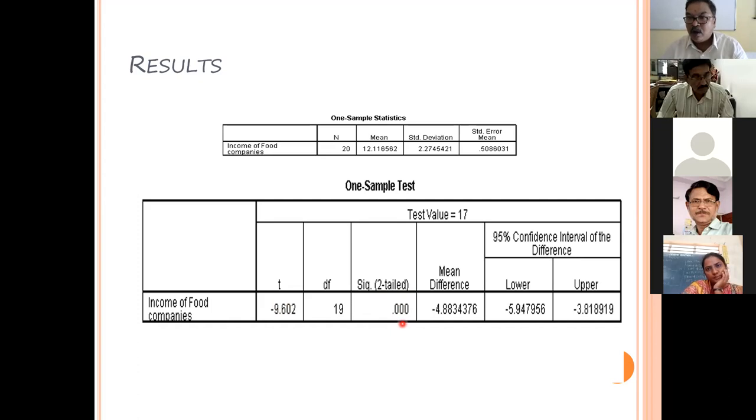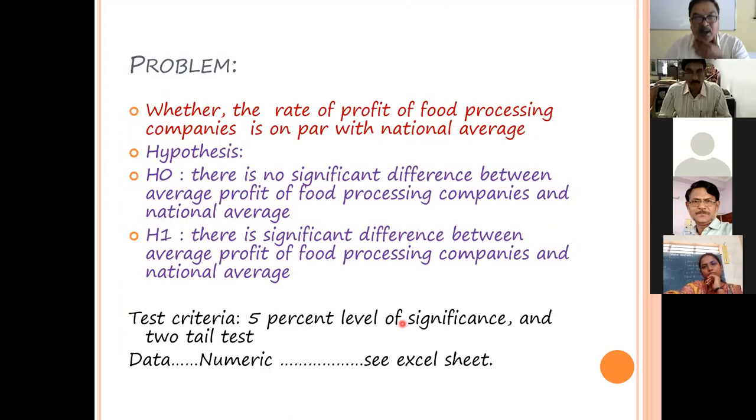So you have a lot of proof to reject the null hypothesis, and you are not making any error in making the decision. So now you can reject this null hypothesis and accept the alternative hypothesis.